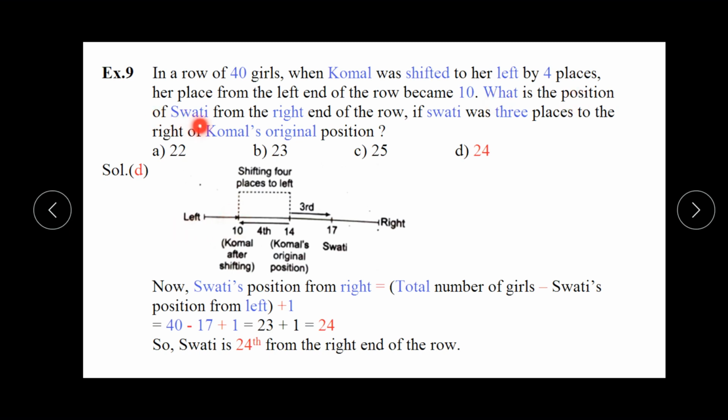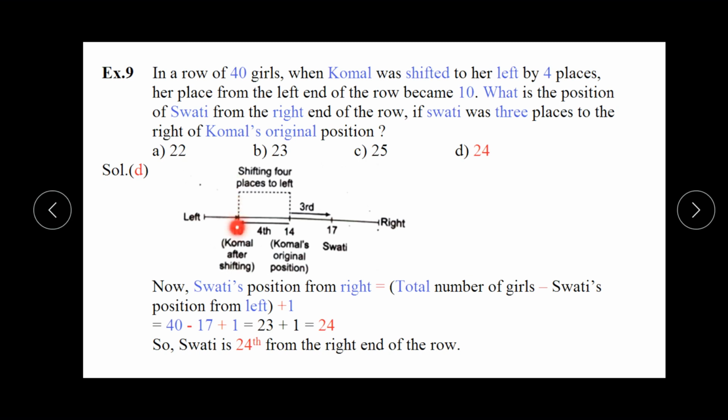What is the position of Swati from the right end of the row? We have to find out the position of Swati from the right side. But what condition is given? Swati is 3 places to the right of Komal's original position. It means Komal's 2 positions are there: the original position and the new position after shifting.